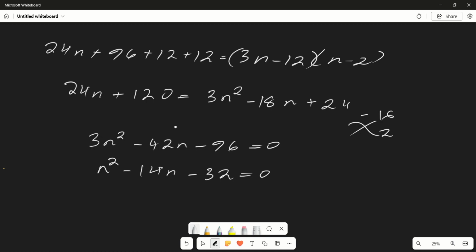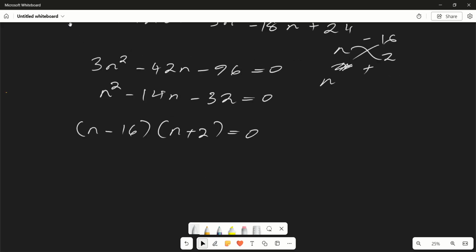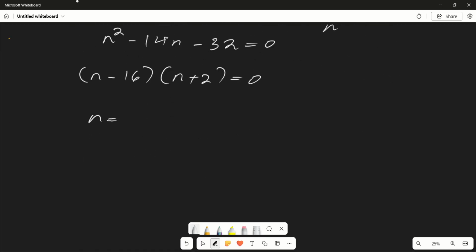We have to subtract, and the subtracted value should be larger, so minus 16 would be larger, and this is going to be (n minus 16)(n plus 2) equals 0, and we get n equal to 16 or n equal to minus 2. But only 16 is going to be the answer because n is the term number. In the nth term we cannot use a negative value, so this value is rejected by logic.